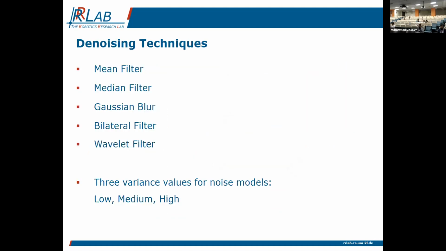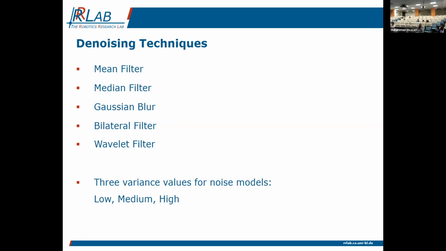So how can we tackle those things? There are many things available to us from classical methods. We try to use as many classical methods in combination with deep learning methodologies here. For example, we have the mean filter, the median filter, and Gaussian blur, which are the more common ones with a simple formulation.